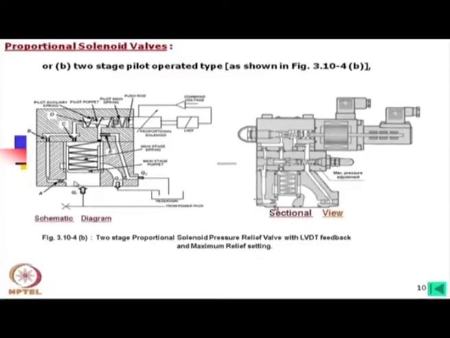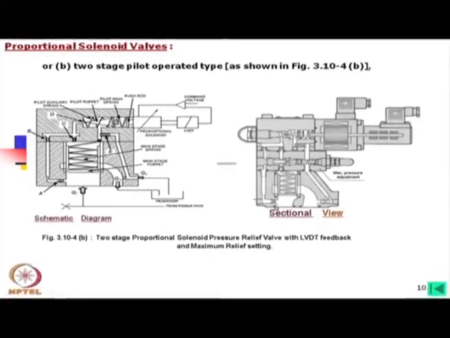What happens in normal conditions: suppose we have given an input to control this, say 7 megapascal, and the system is working at 5 megapascal at that moment. So, 5 megapascal pressure is coming over here. Now, this flow is going here, here, here, it is connected. As this is set with some current to have the 7 megapascal control, definitely the force is more and this remains closed, or very slightly open to give a constant flow through this.